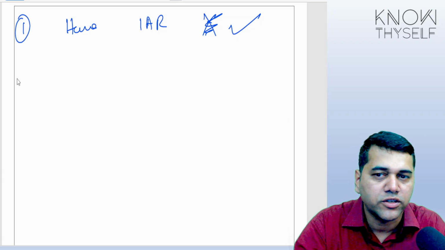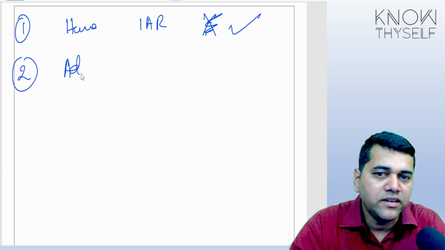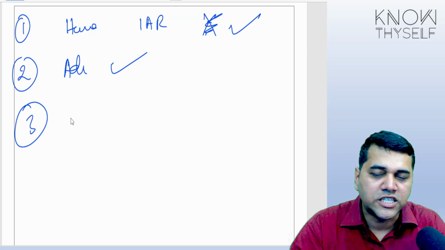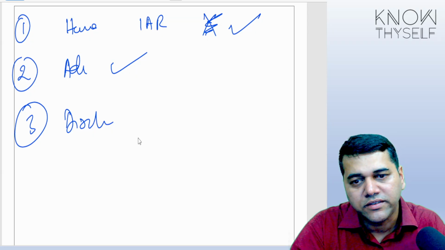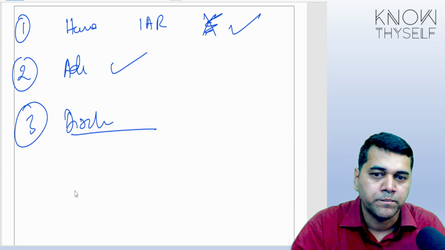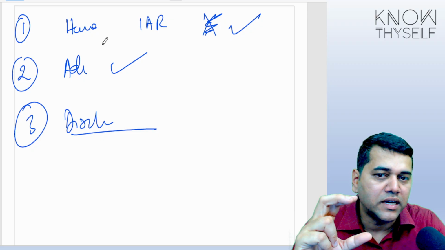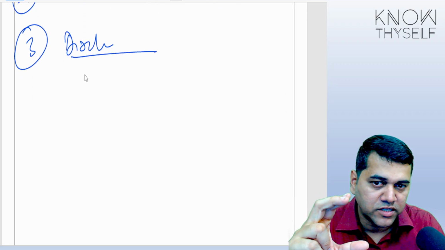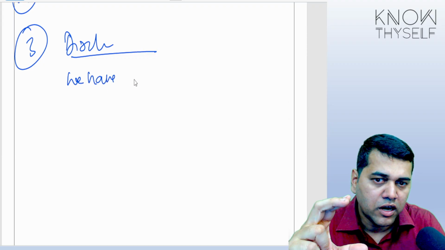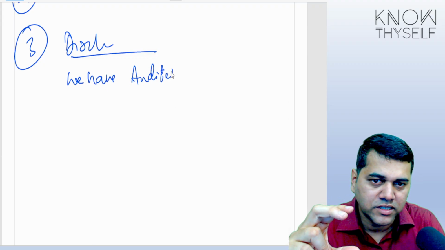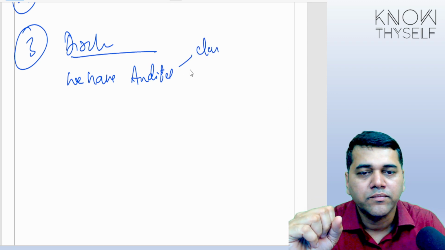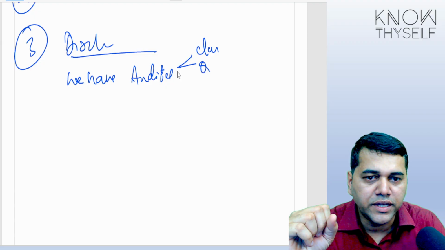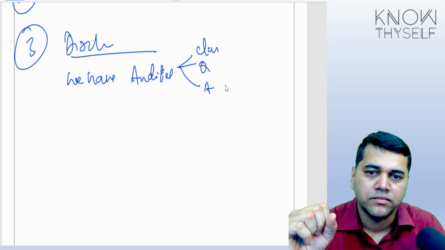So that's why they have not discussed it. Addressee, same. Instead of opinion, you say disclaimer of opinion, which we have already seen. The heading should be disclaimer of opinion. The opinion section primarily contains two sections. Section 1 starts with "we have audited." And this is the same for clean opinion, qualified opinion, adverse opinion.